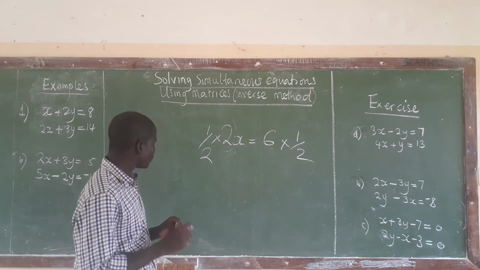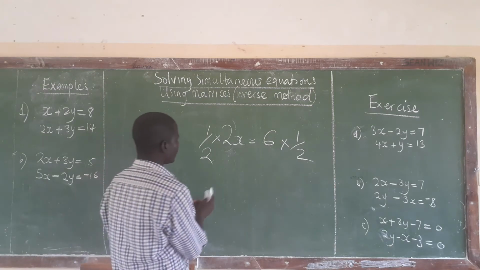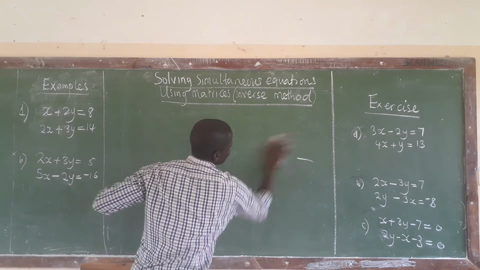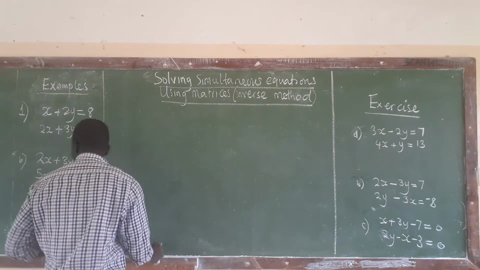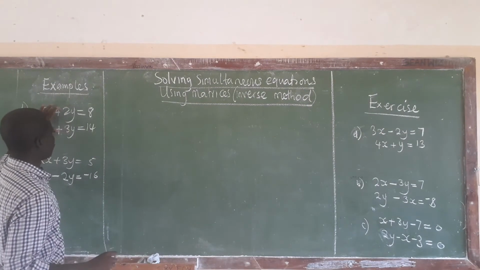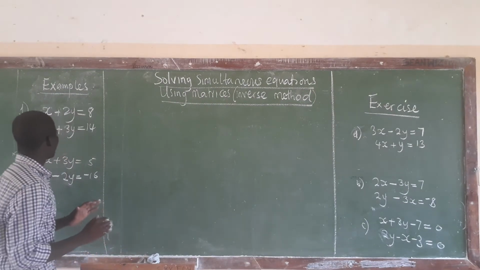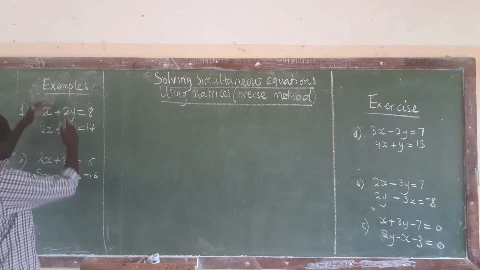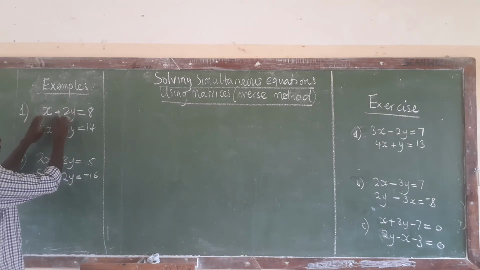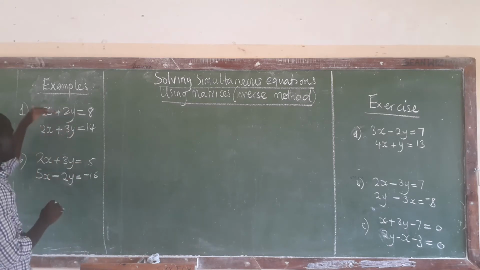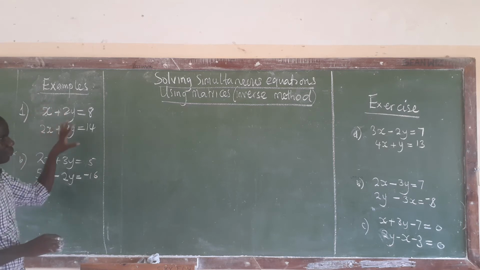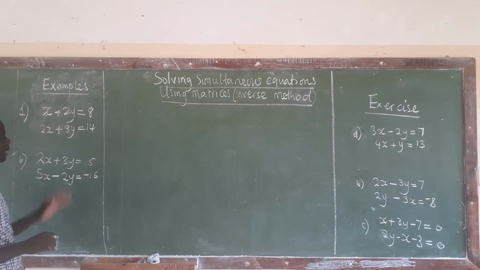Alright? So without wasting much of our time, let's see how we apply this concept. How do we solve this using the matrices method or inverse method? The first thing we need to do is get the coefficients of these variables in their rectangular form.